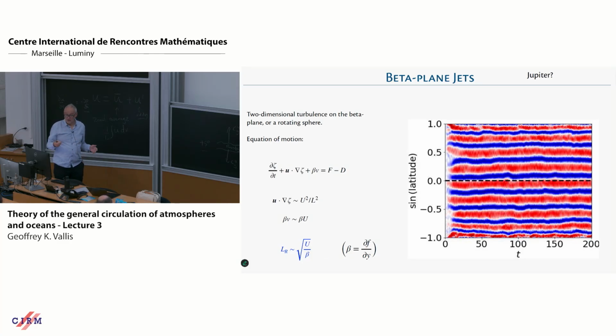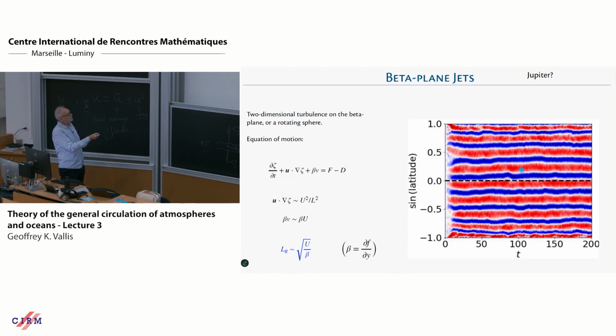And if on your planet, that scale is much smaller than the planetary scale itself, then you will get multiple jets. That happens to be the case on Jupiter, and it may well be the case in some regions of the Earth's ocean, that this scale here, square root of U over beta.